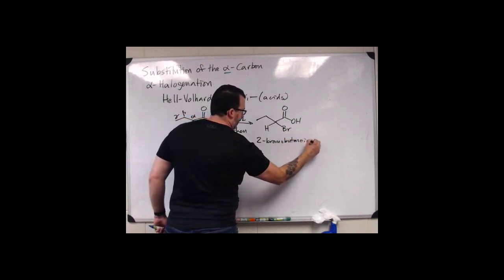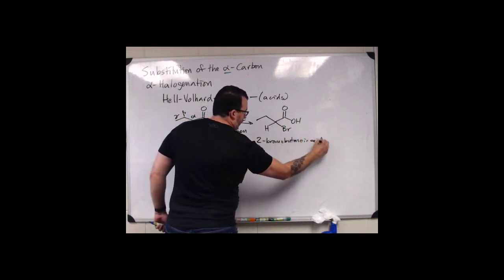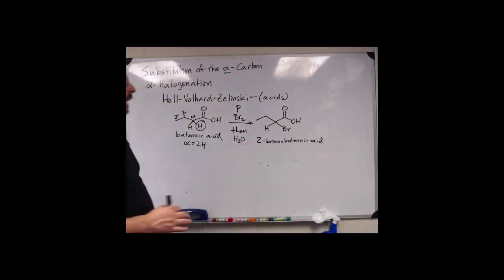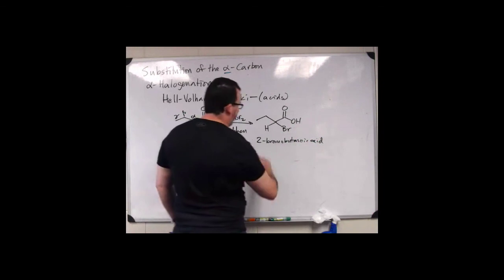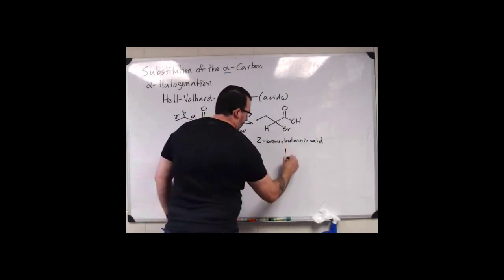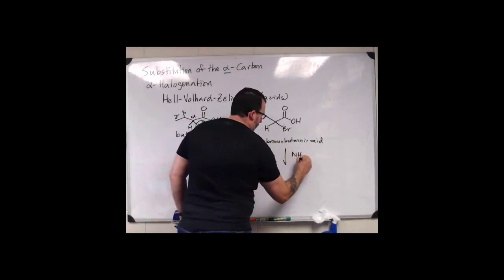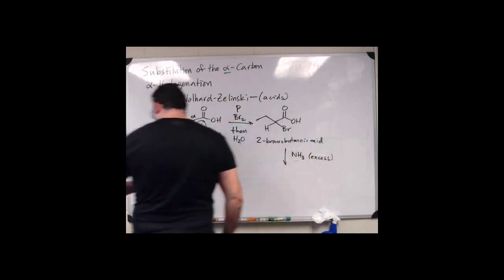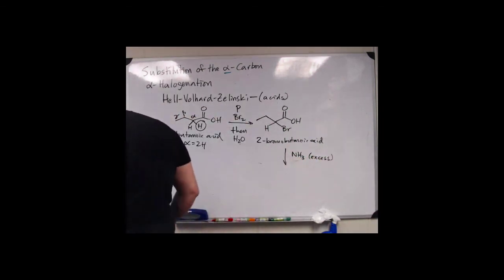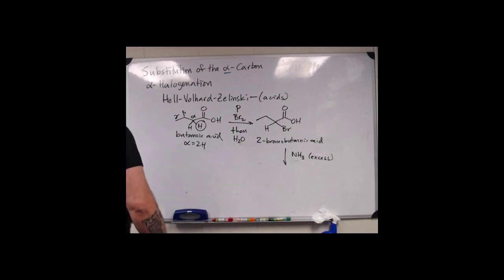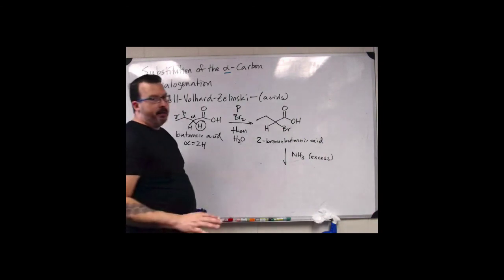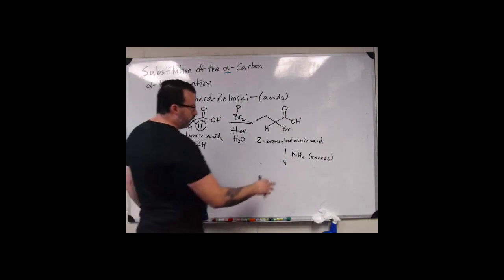And that's useful to us for the following reason, because we can then take this and treat it with an excess of ammonia. Ammonia is both a nucleophile and a base in this case. As a nucleophile, it's going to displace this alpha bromine.